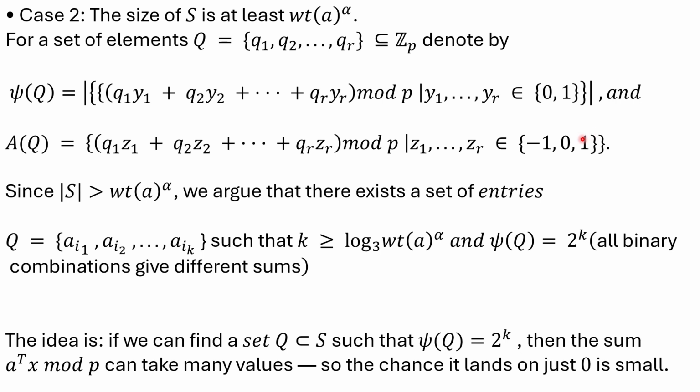So it's a more expanded sum for all the combinations. We said that S is more than weight of A to the power of alpha. So we argue that there exists a set of entries Q, such that K is greater than this here, and phi Q is equal to 2 to the power of K.